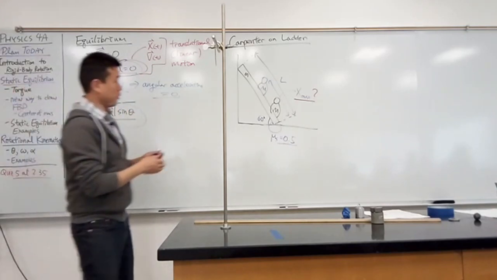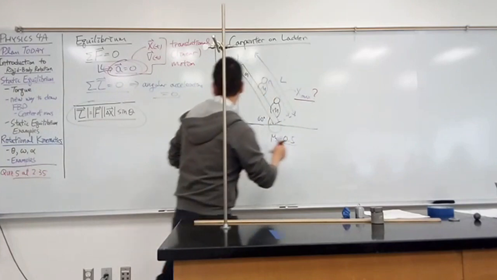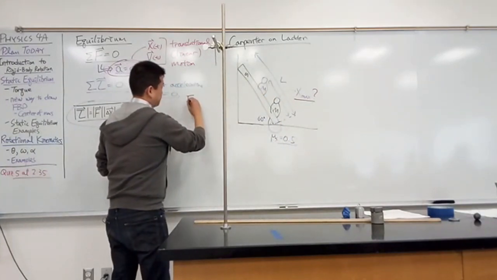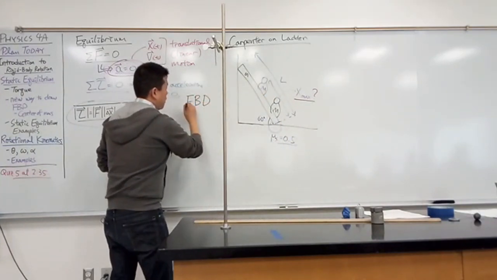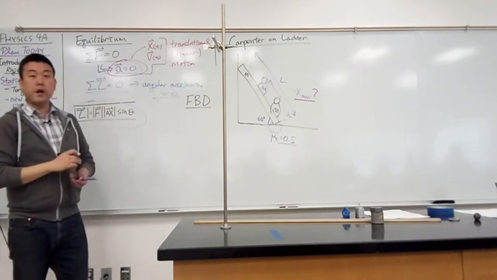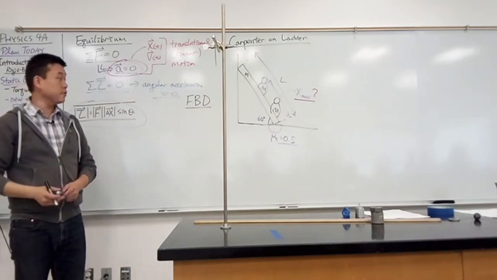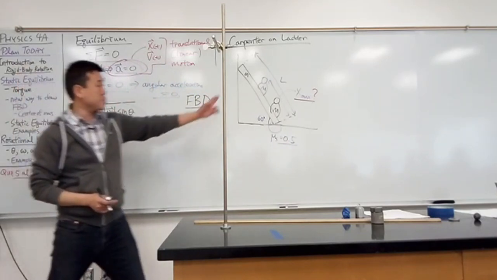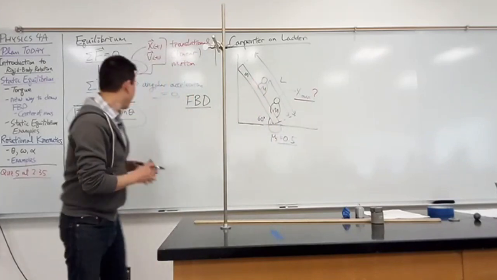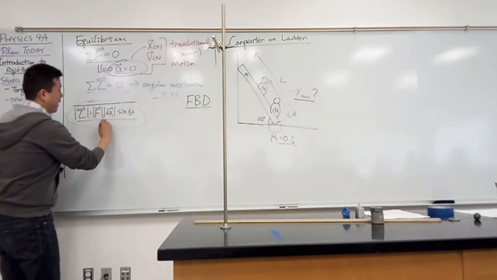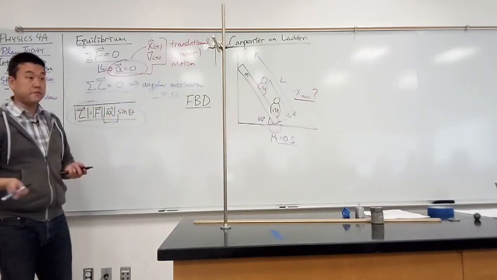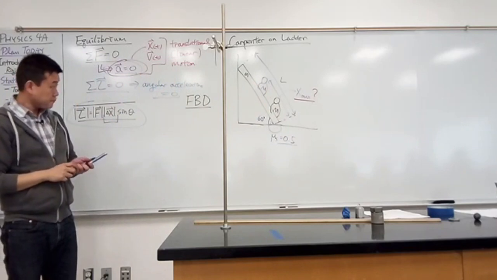Because we are dealing with torque, when we draw the free body diagram, we are going to be careful to indicate the location of the force so that we have a value for the difference of position.